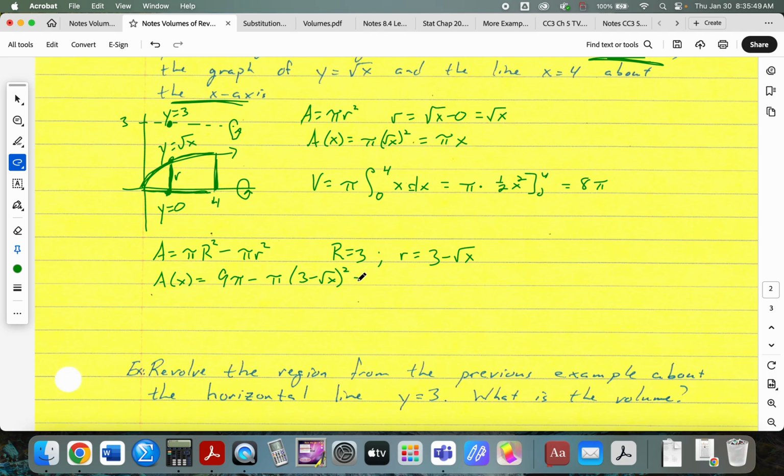And since we're probably doing this one by hand, let's go ahead and work that out. This is going to be 9 pi minus 6 pi square root of x plus pi x.